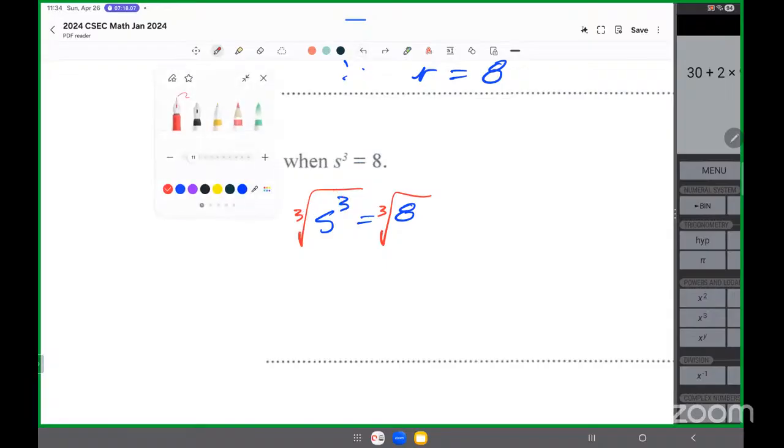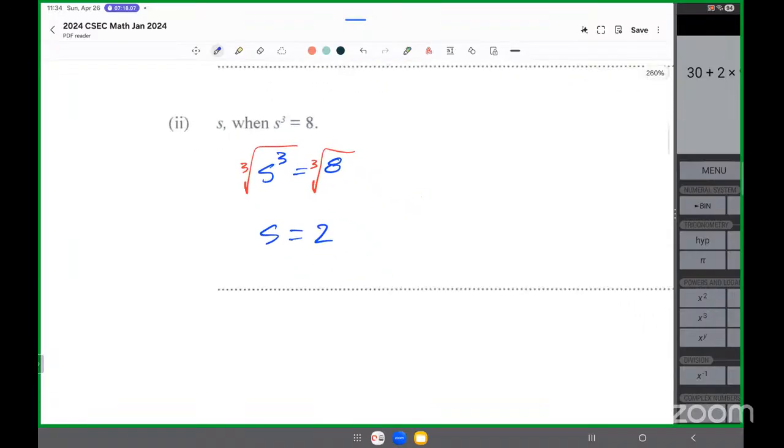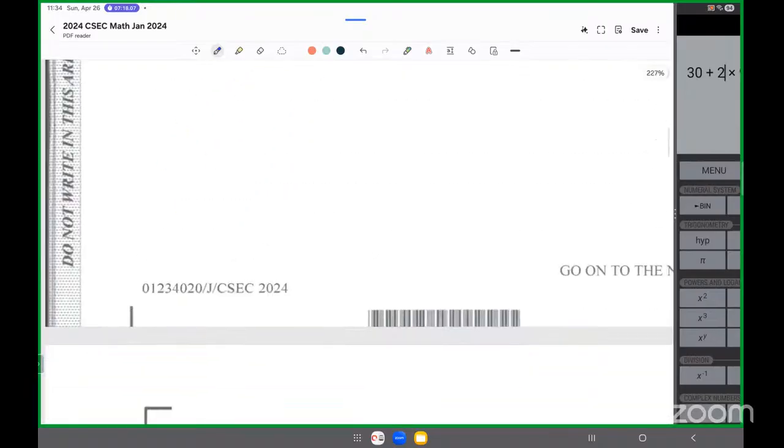And so you get S equals the cube root of 8. If you get the cube root of 8, you're going to get 2. So S equals 2. Right? 2 cubed is 8. Nice easy questions, these are very easy questions.